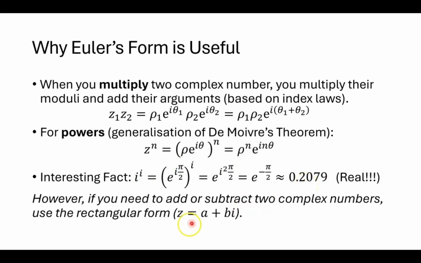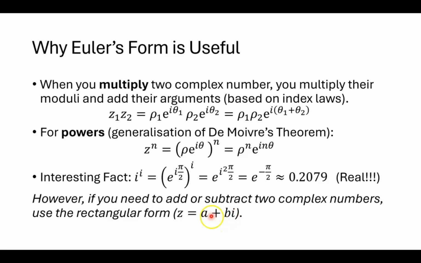Lastly, an important note is that if you need to add or subtract two complex numbers, you need to use the rectangular form, so this a plus bi. The reason for this is that when you are in rectangular form and you add or subtract complex numbers, you basically just add the real parts and the imaginary parts together separately.